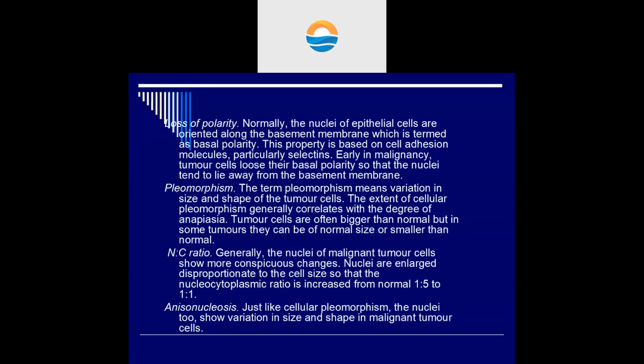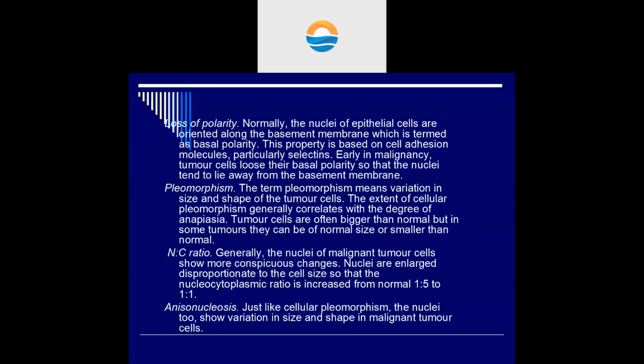This property is based on cell adhesion molecules, particularly selectins. In early malignancy, tumor cells lose their basal polarity so that the nuclei tend to lie away from the basement membrane.